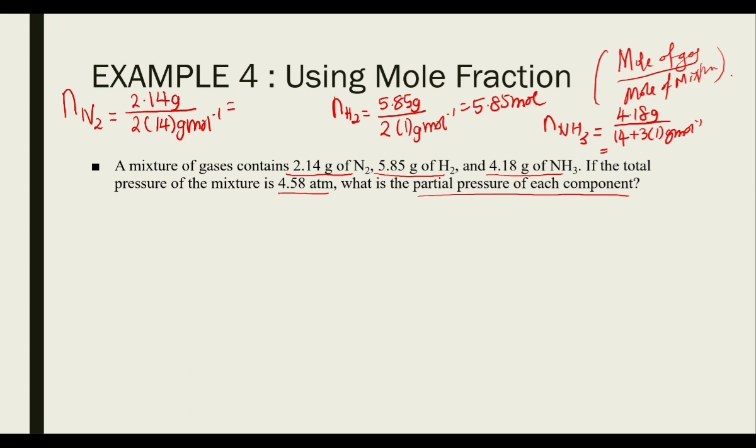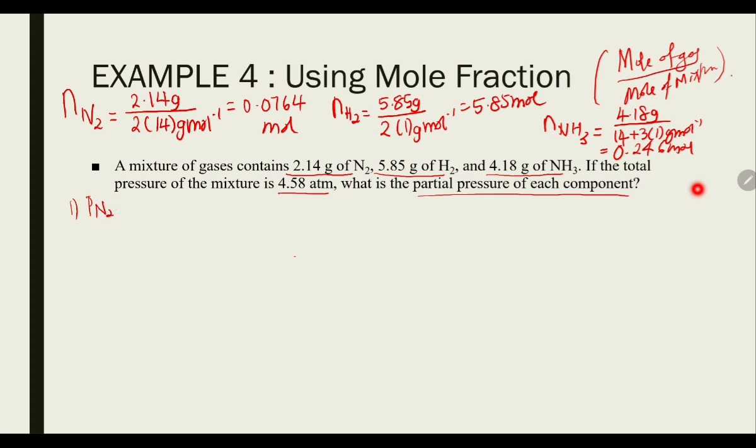Alright, so for nitrogen, you will get the number of moles to be 0.0764 mole. And for your ammonia, you will get the number of moles to be 0.246 mole.